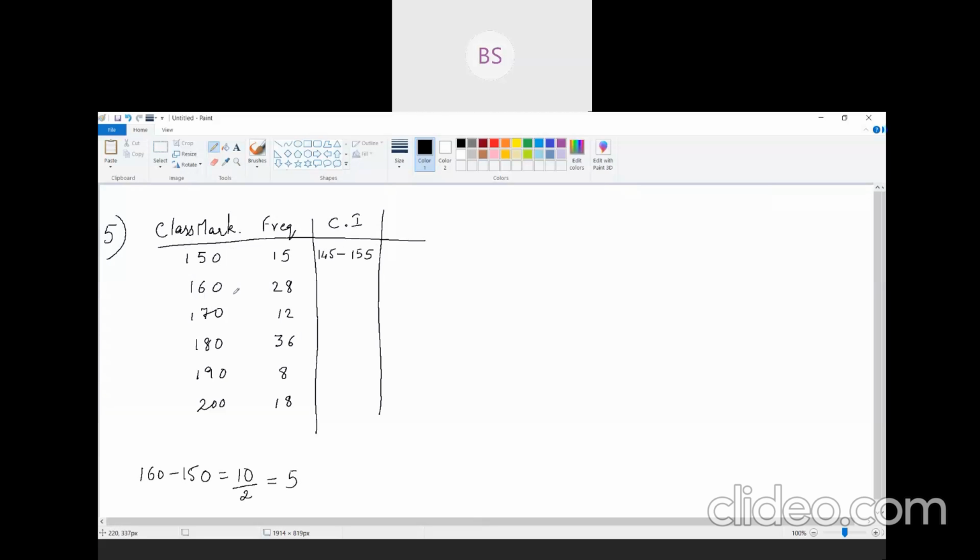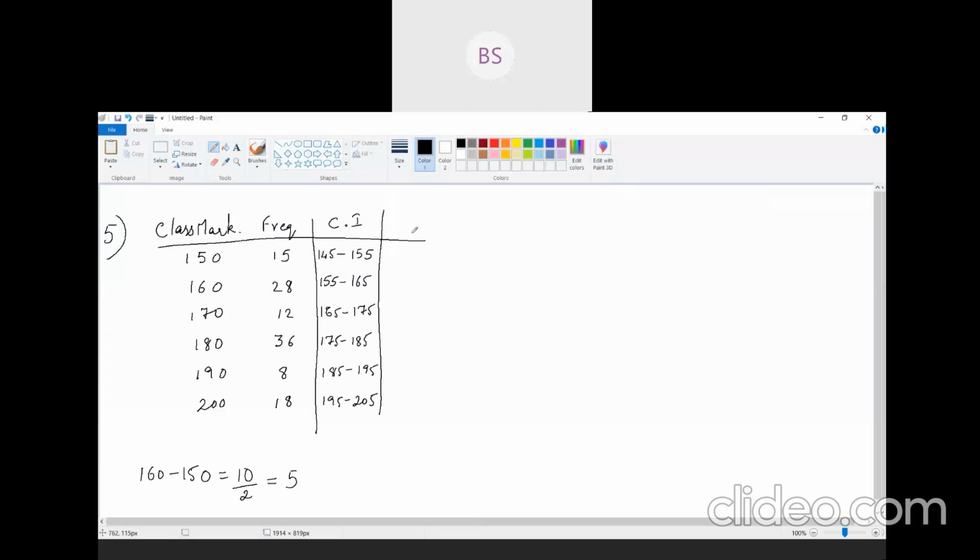So we get it as 155 to 165. Then 165 to 175. Then 175 to 185. 185 to 195. And then 195 to 205. So we got the class intervals.